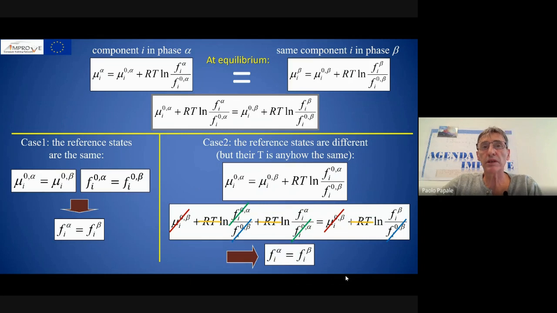Equality of chemical potentials implies equality of fugacities. Equivalence of fugacities is therefore as valid and general as equivalence of chemical potentials as a chemical equilibrium criterion. We will use that abundantly in the following.